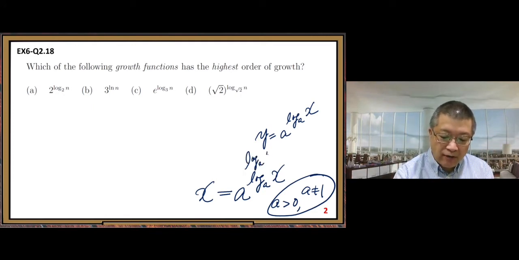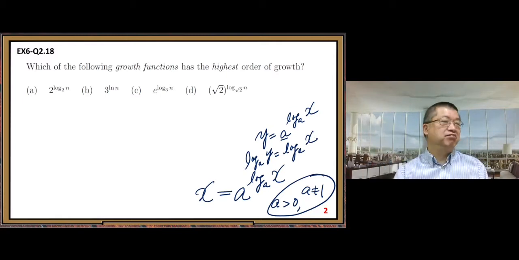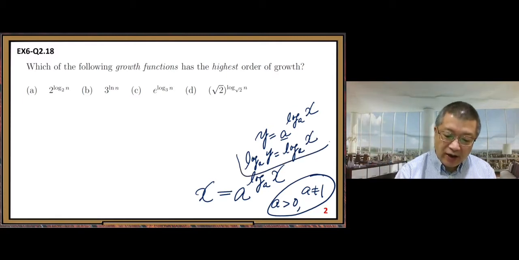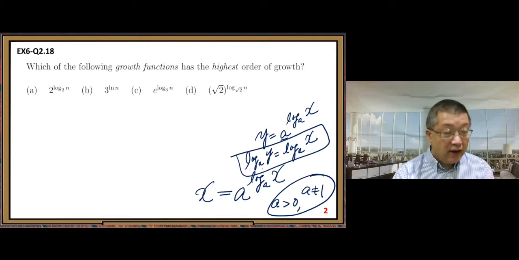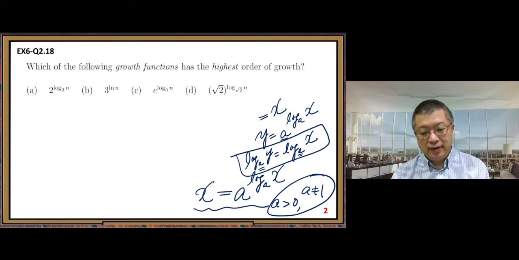Log base a of y equals log base a, this same base, of only the exponent part, which is log base a of x. See, logarithm function, same base a, so y must be equal to x. So we proved the formula.